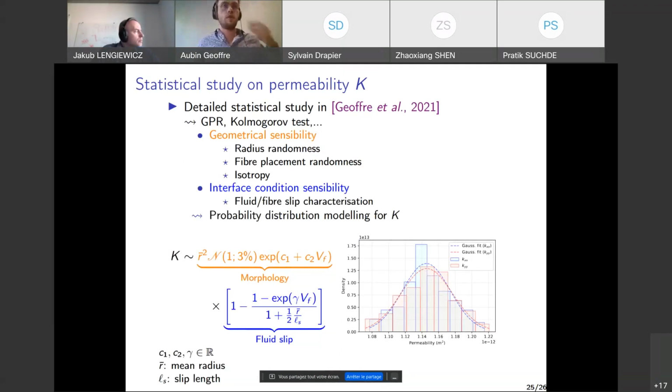We mainly focused on geometrical sensitivity, particularly the influence of reduced randomness. We also characterized isotropy and so on. On the other end, we analyzed the interface condition sensitivity. In the end, this gives a general probabilistic model that allows us to characterize the probability distribution of permeability. Here are our main results that you can find in this article.